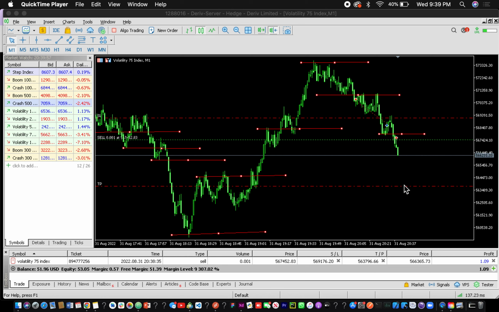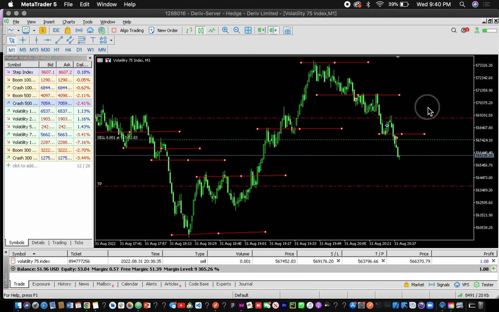So you can see that it's going in the direction, and this is another good trade. So either I'm going to wait for it to get to the take profit, or I'll close the trade manually at some point when I start seeing that it's reversing back. So I could also draw another line and continue trading in the direction of the trend.